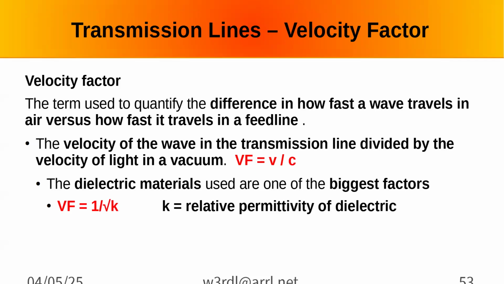So the higher the permittivity, the lower the velocity factor is going to be. If I look at that formula, because I increase K, VF becomes smaller, which means it appears electrically longer.